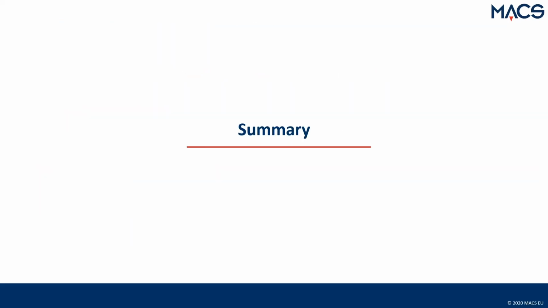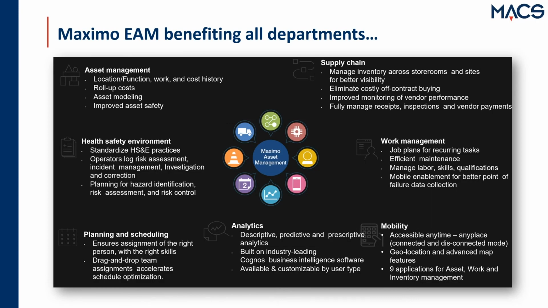And then we already are at the point of a short summary of what we saw today. And at first I want to show this slide where Maximo EAM is benefiting actually all departments. And I'm not going by all of them, of course, but also read it afterwards when you have the slides.